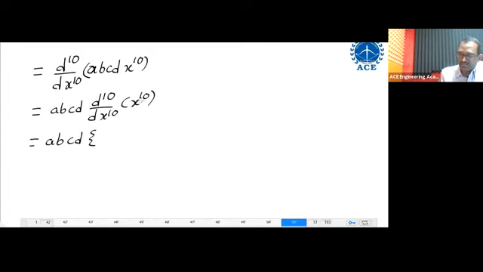Remember, one time derivative of x power 10 is 10 into x power 9. Two times, the second derivative of x power 9 is 9 into x power 8.